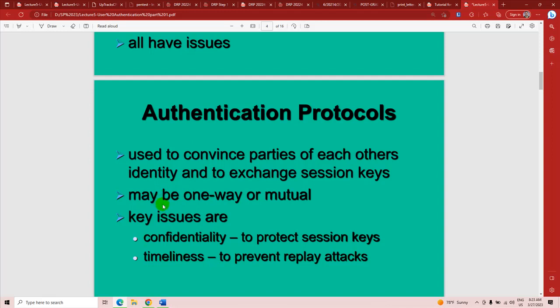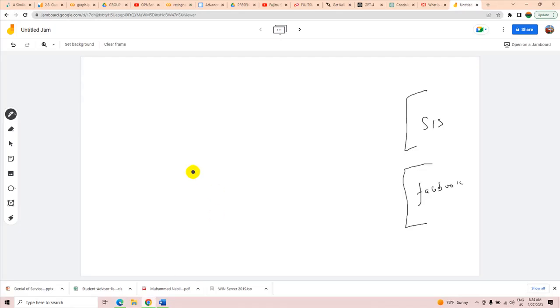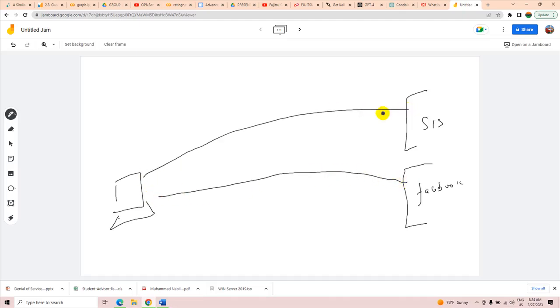So these authentication protocols verify the identity of systems or users, and they allow the systems to exchange session keys, because once the authentication is finished, let's say you are the client. When you connect with Facebook or with the SIS, authentication is performed.